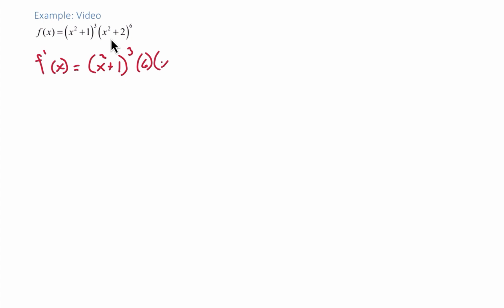So power rule, bringing down the 6, subtracting 1 on the 6th power, and now multiply by the derivative of the inside. Chain rule. Derivative of x squared plus 2 is 2x. So that's the first part of the product rule. First times derivative of the second.